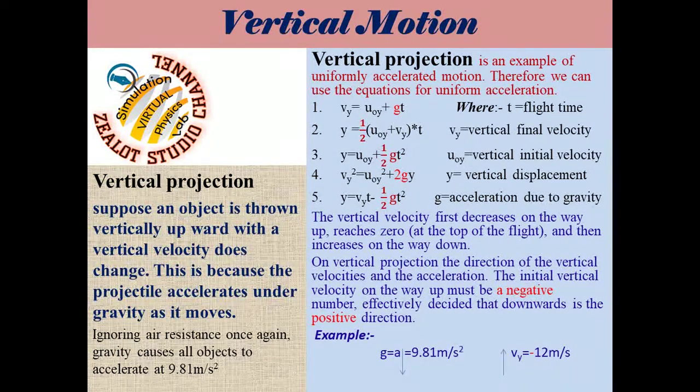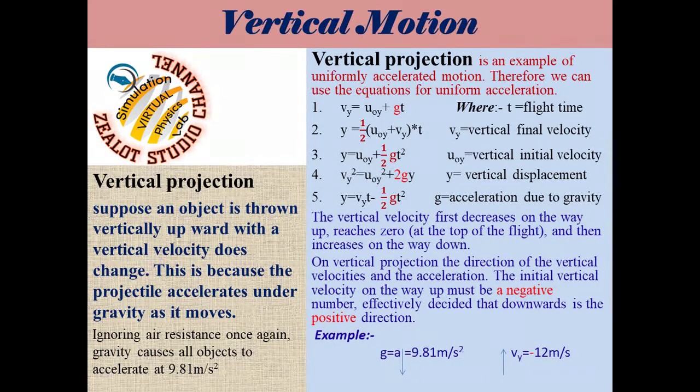The second equation of uniformly accelerated motion: y, the vertical displacement, is equal to one half times the initial vertical velocity plus the final vertical velocity, times t, which means the average velocity times t. Average means v1 plus v2 over 2, times t, which gives the vertical displacement. Again, the vertical displacement is equal to the initial vertical velocity times t plus half of g times t squared.